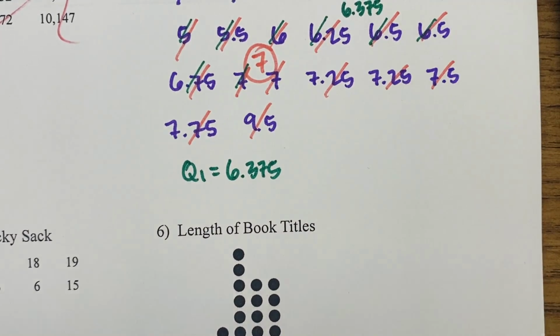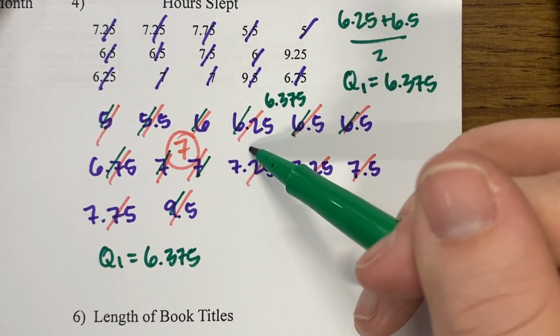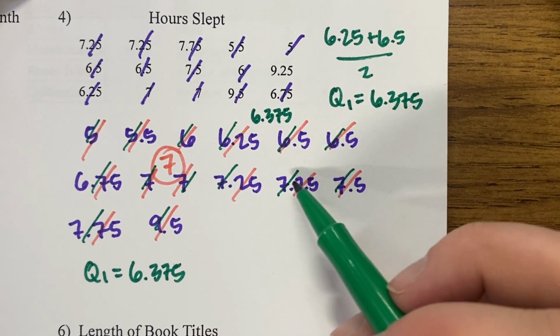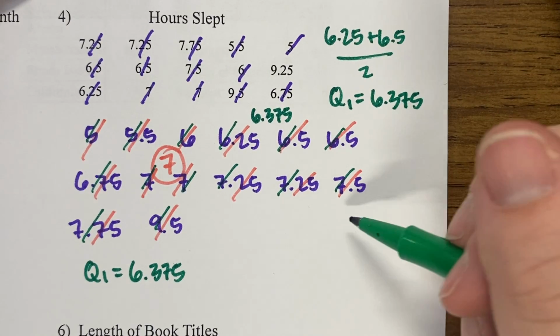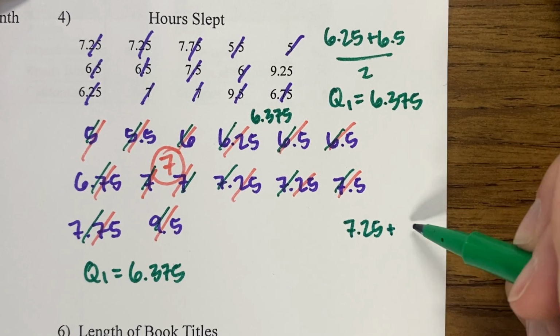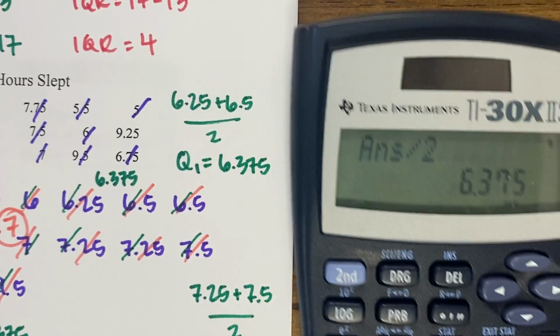Okay, and we're probably going to have to do the same thing for our upper quartile. So let's go ahead and find that one. 1, 1, 2, 2, 3, 3. This time we're trying to find the number in between 7.25 and 7.5. So I have 7.25 plus 7.5 divided by 2.